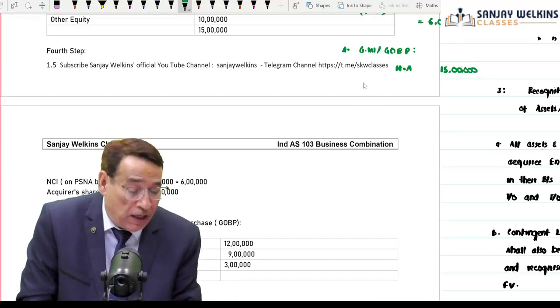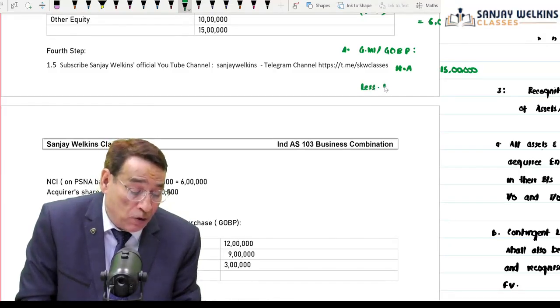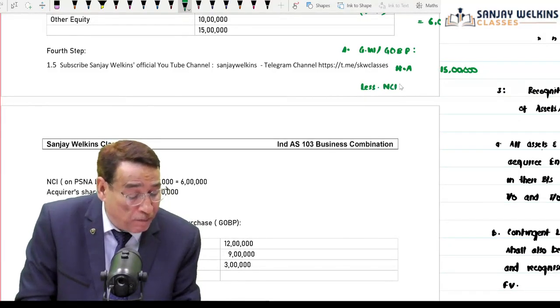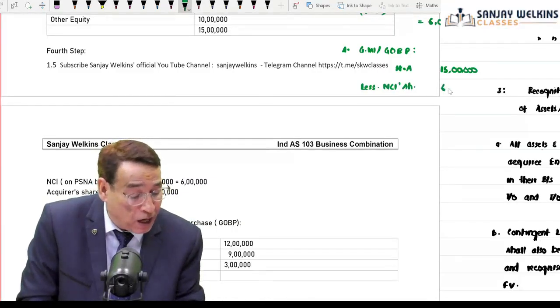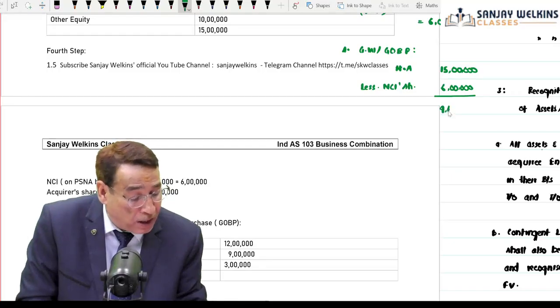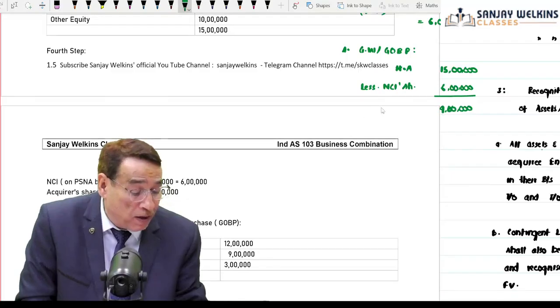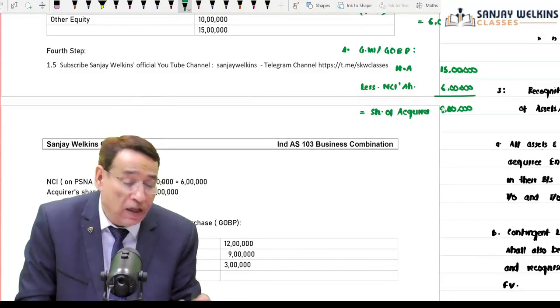Out of this 15 lakh, you subtract NCI's share, as I told you earlier. We just computed NCI's share as 6 lakh. So the remaining is equal to 9 lakh. This remaining means the share of the acquirer. So the acquirer's share of net assets on the date of acquisition is actually 9 lakh.